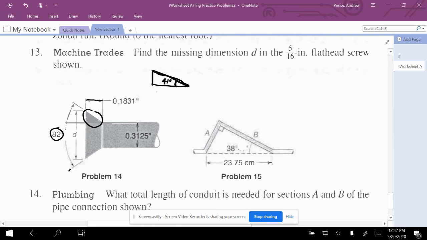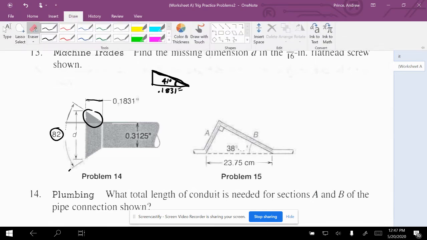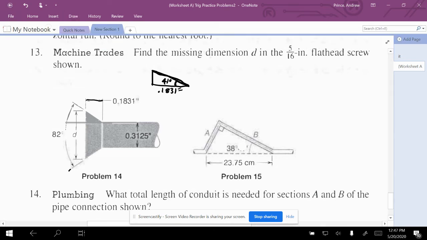Based on this part, I know down below 0.1831 inches is my base. And what would help me solve this equation would be to find out in this right triangle my opposite. So if I have this as my perspective and I need to find this side, that's my opposite side, and I have a known adjacent value, not a hypotenuse, I have opposite and adjacent, so I'm going to be looking at tangent. Tangent 41 degrees equals my unknown opposite side divided by 0.1831.